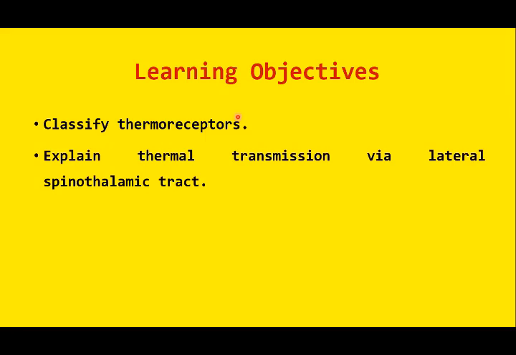We have already discussed the anterolateral spinothalamic pathway responsible for transmission of pain, temperature, and crude touch. Today, we are going to focus on the sensation of temperature only, and we will discuss how temperature sensations are carried via the lateral spinothalamic tract.